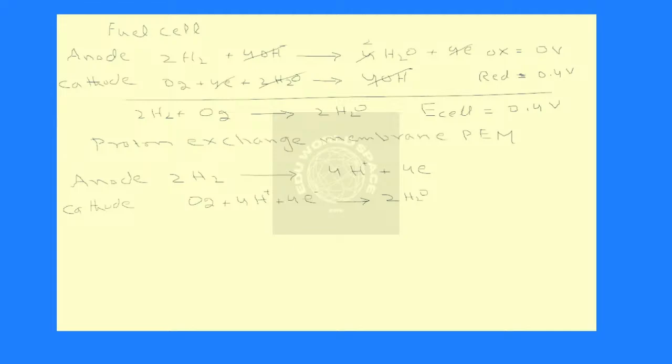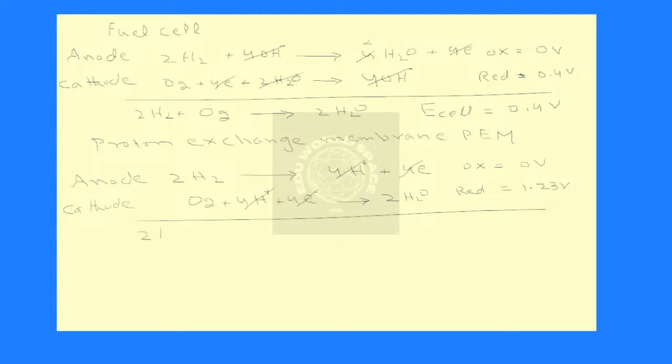Again, we know that the oxidation potential of hydrogen is 0 volt, while in the case of a proton exchange membrane, the reduction potential of oxygen is 1.23 volt. Combining both equations, adding the two equations, we can cancel hydrogen ions and electrons on either side of the equation.